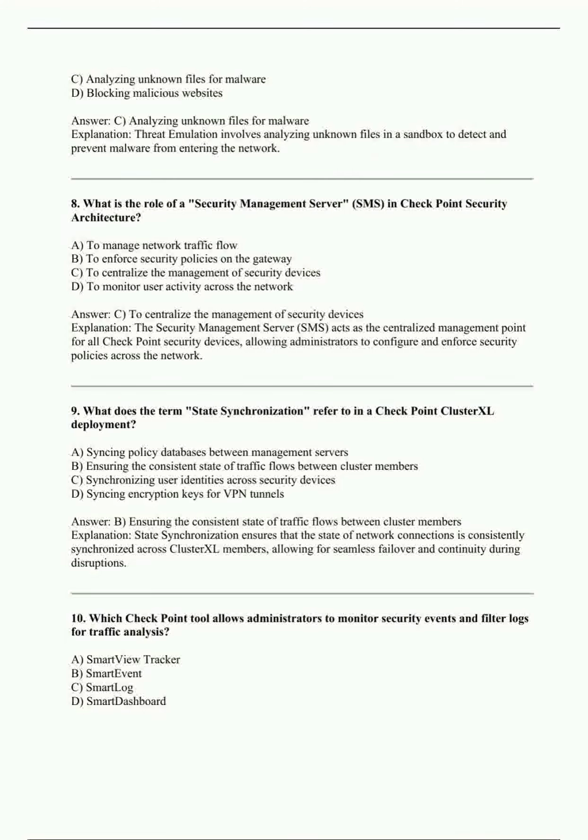9. What does the term state synchronization refer to in a checkpoint ClusterXL deployment? A. Syncing policy databases between management servers. B. Ensuring the consistent state of traffic flows between cluster members. C. Synchronizing user identities across security devices.